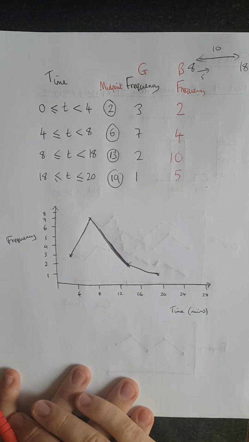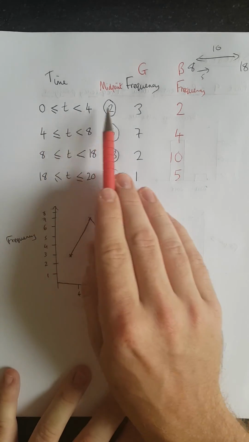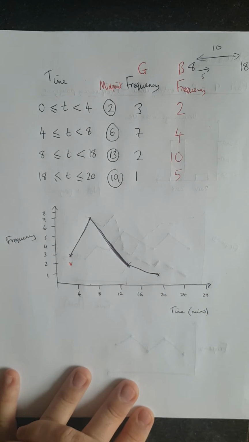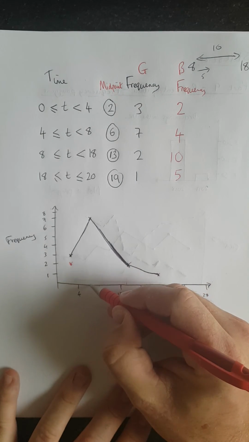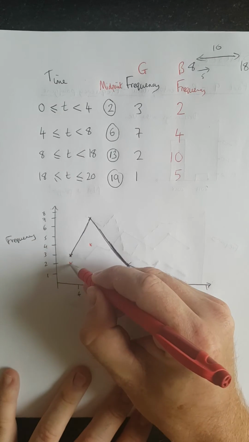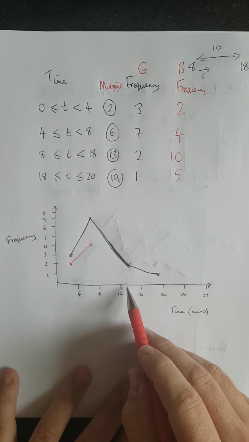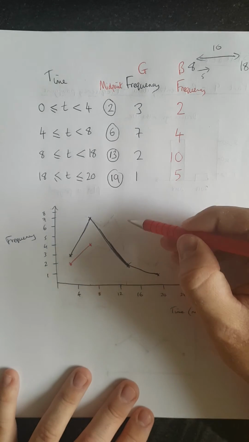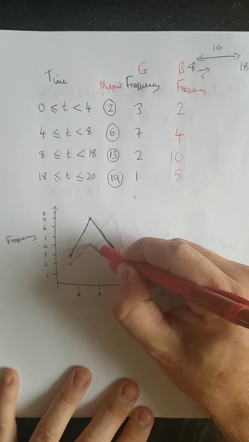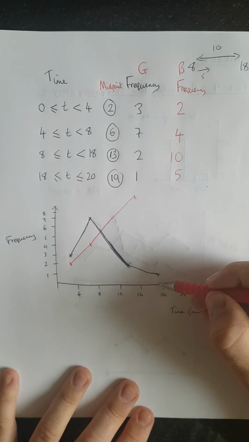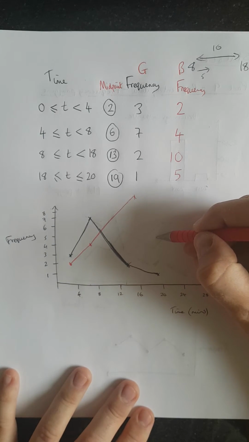Let's visualise that. So in the first interval, plotting at the midpoint, it's 2. At the second interval, it's 6, it's 4. The next interval, at 13, it's up to 10. Goes off my scale, but you can see. And the last interval, it's at 5 still.